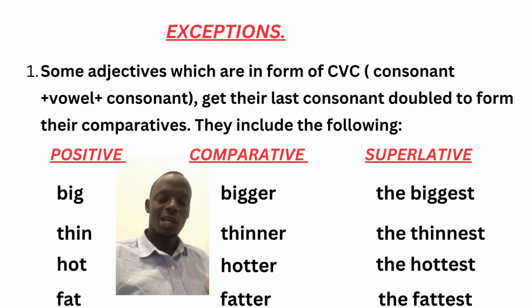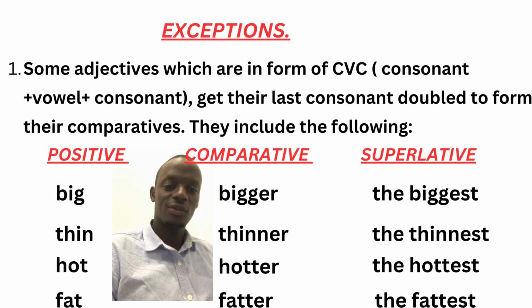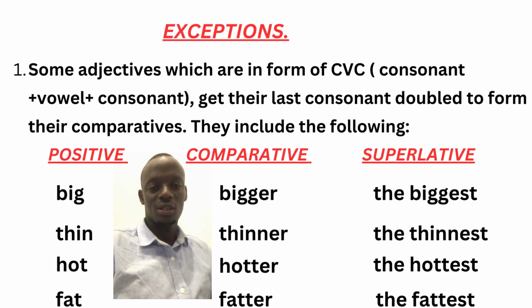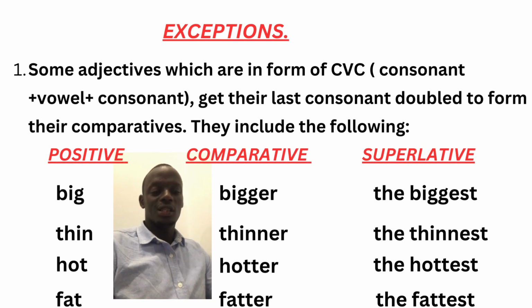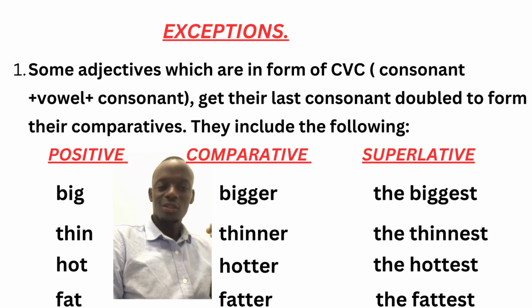We have been looking at different forms of comparatives and superlatives. Now we are going to look at some exceptions that are found in these forms. Some adjectives are formed in a way like consonant, vowel, consonant.